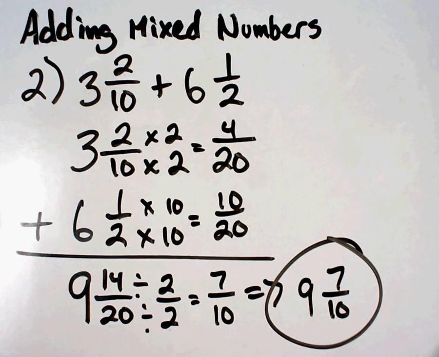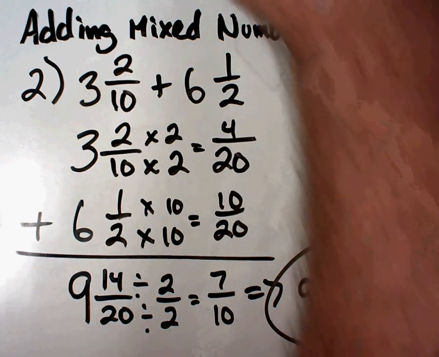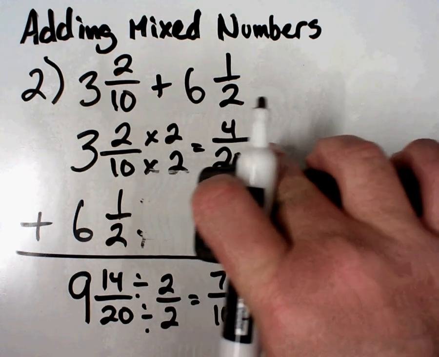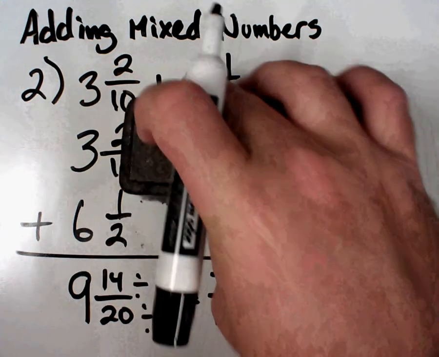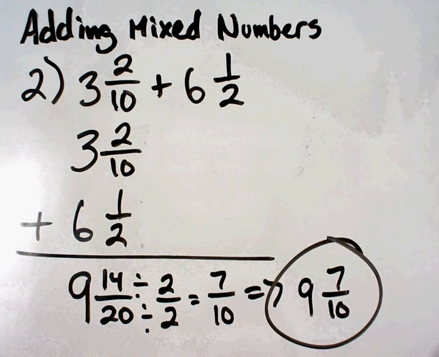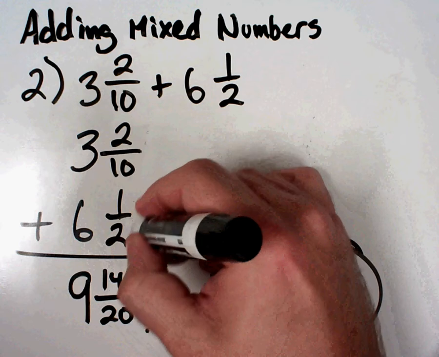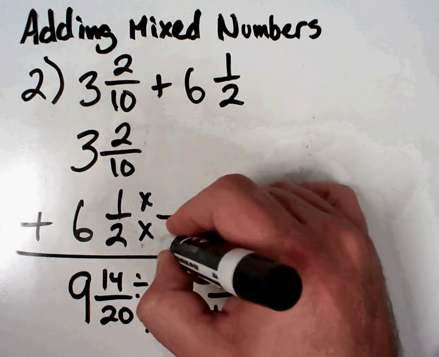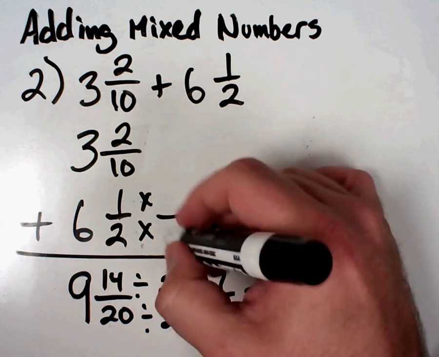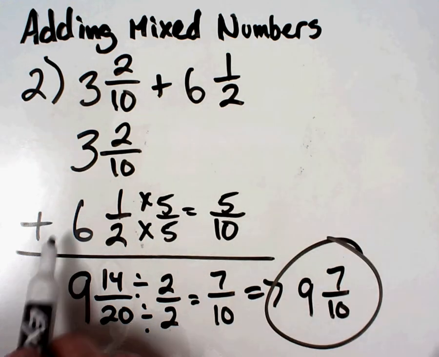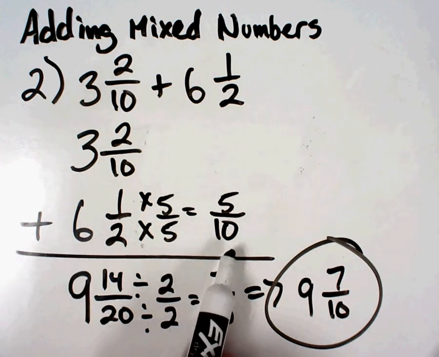Now I'm going to go ahead and show you this real quick since I've talked about it. What we would have found is if I had chosen to leave the 10 as my common denominator, and I changed this fraction to have a 10, I would have multiplied by 5, top and bottom, and so I would have had 6 5/10.